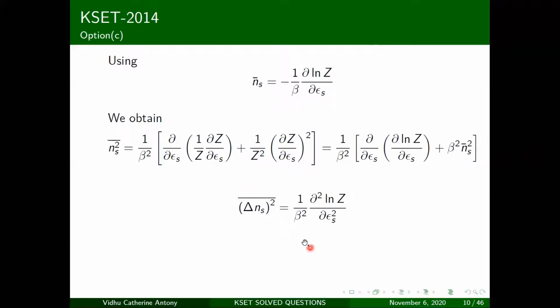So finally, after doing all that calculation and subtraction, you end up getting a formula like this. This is basically the dispersion that you have. Delta ns whole squared is equal to 1 divided by beta squared, dou squared ln z divided by dou epsilon s squared, which is pretty similar to the ns formula.